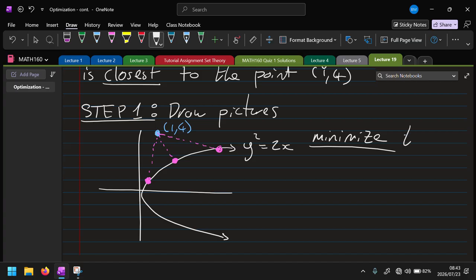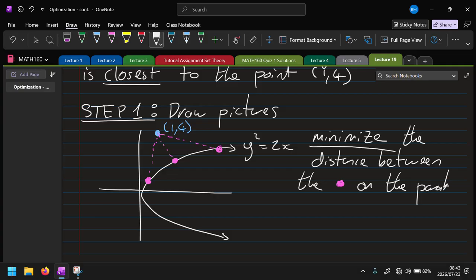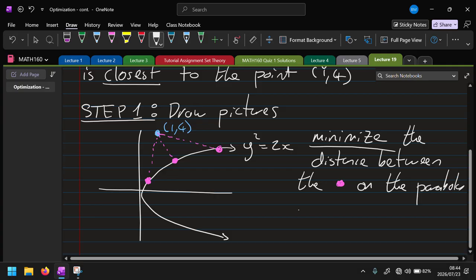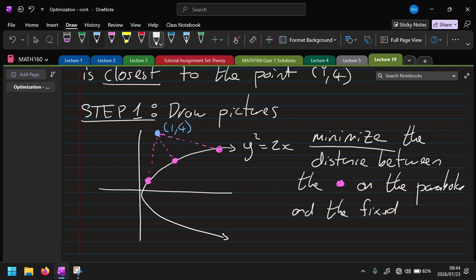So minimize the distance between the pink dots on the parabola and the fixed blue dot. That one's fixed. We're not changing that.